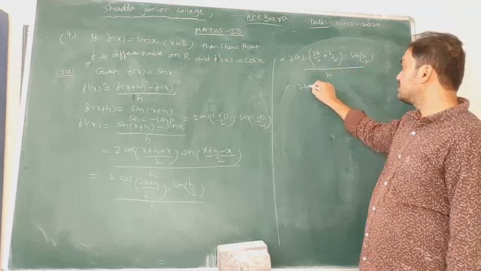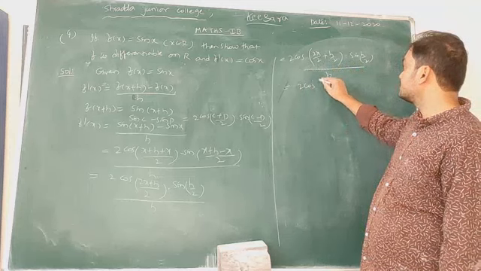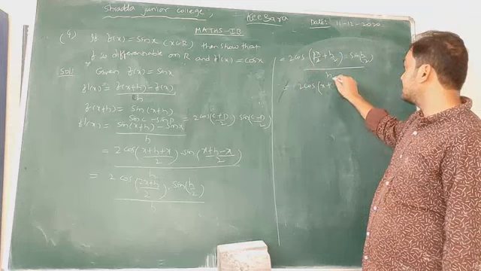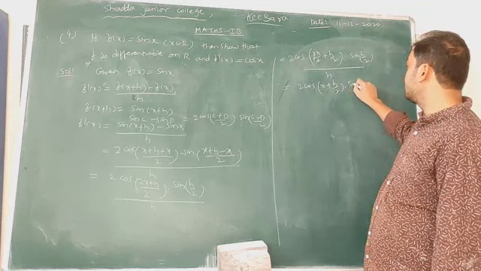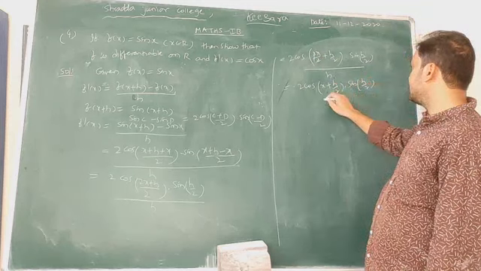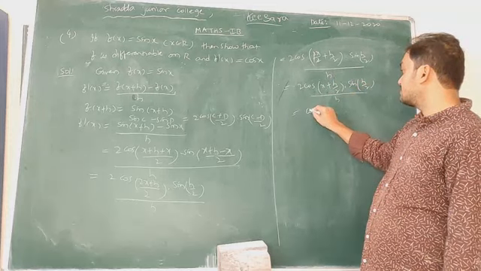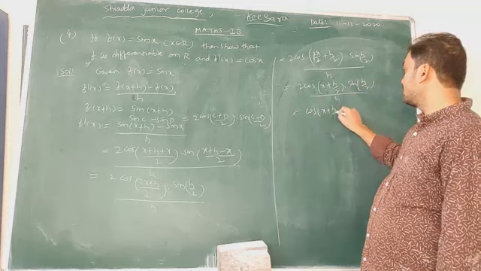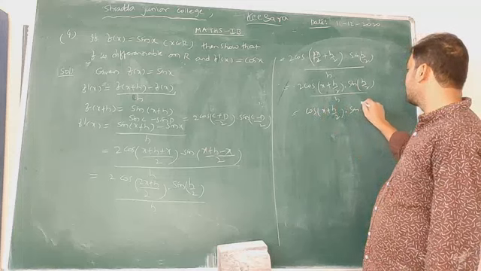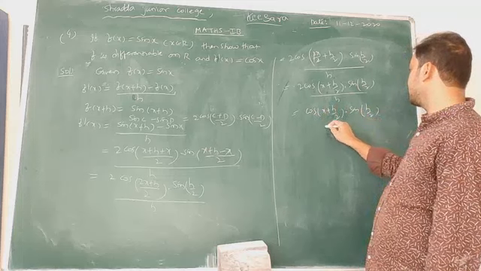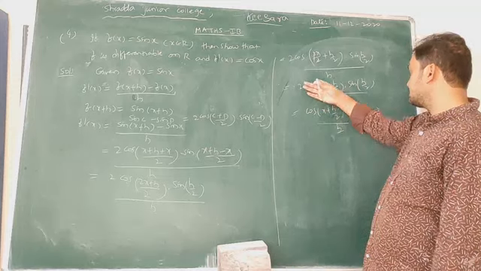Now the 2 gets cancelled here, cos of x plus h by 2 into sin h by 2 by h. And this equals cos of x plus h by 2 into sin h by 2 by h by 2.